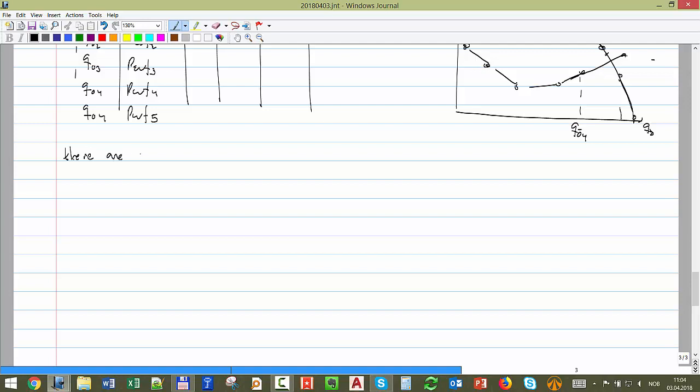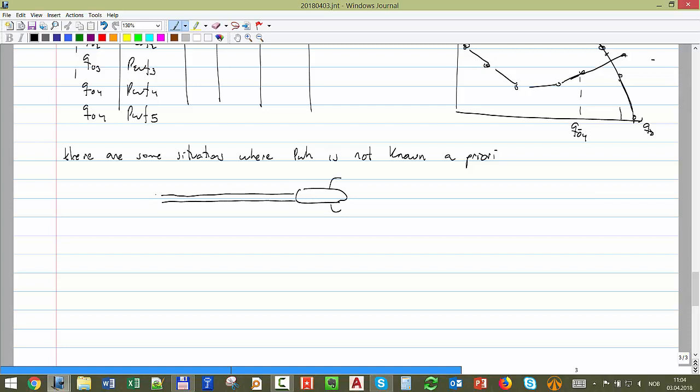There are some situations where PWH, the wellhead pressure, is not known a priori. For example, if you have that system that I told you before, there you have a separator, you have a long pipe, and then you have the wellhead.